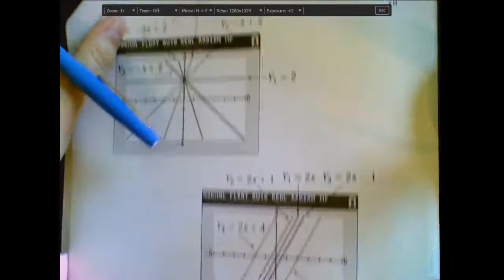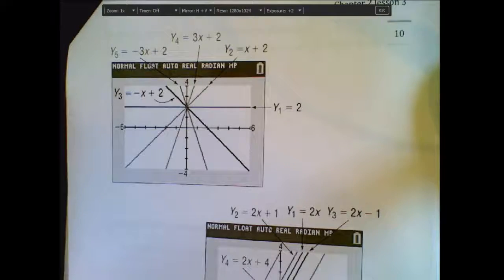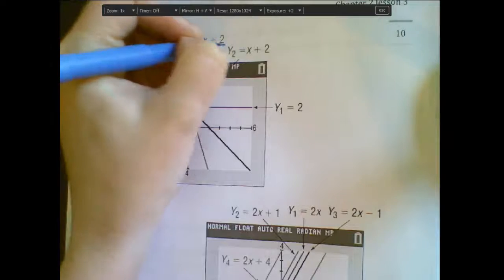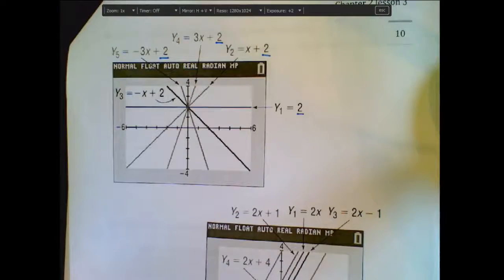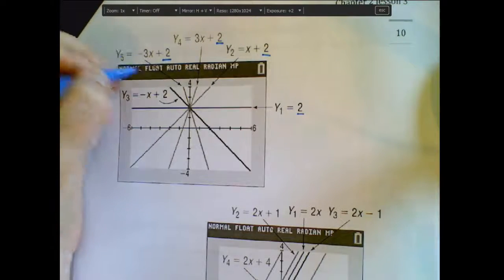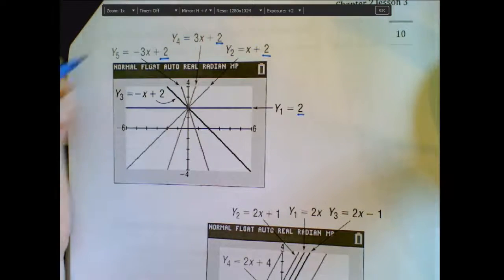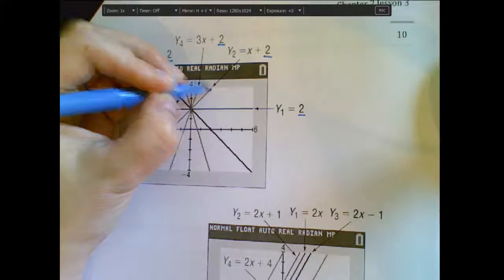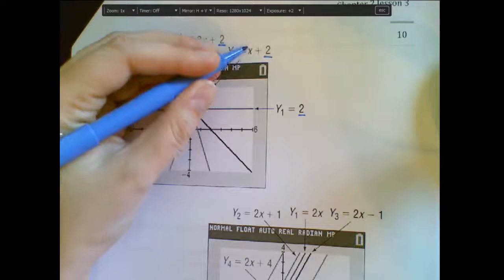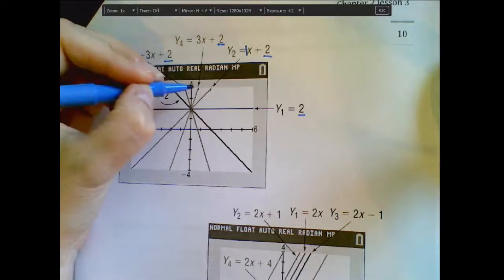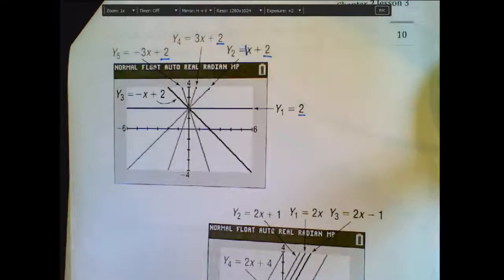Looking at these graphs, this is showing you how your y-intercept remains the same, but your slope changes. So this one has a negative slope. This one has a positive slope. This one also has a positive slope, but notice this slope would be 1. There'd be, quote unquote, a 1 in front of there. This one has a 3, so this graph is steeper.